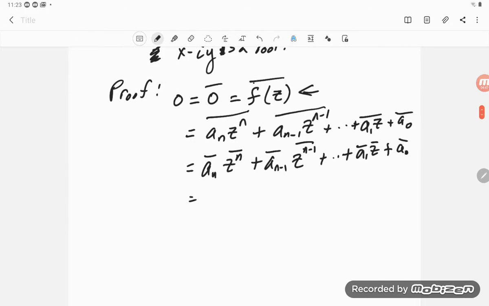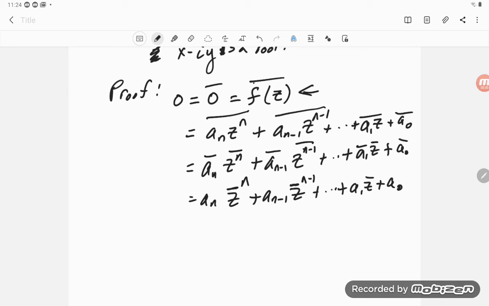Then, since the a's are all real, so that's where this matters, we have a n, and then z to the n is just a product under the conjugate, so I could then move that conjugate inside that power of n, plus a n minus 1 z conjugate to the n minus 1 plus, all the way to a1 z conjugate plus a0.